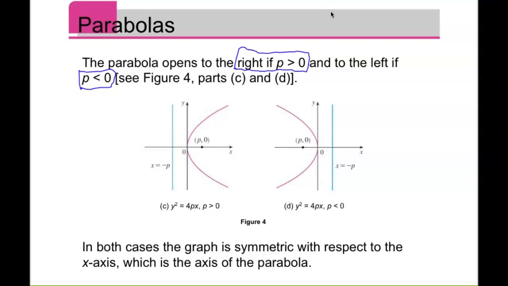If the coefficient is positive, it opens up. If the coefficient is negative, it opens down. This is the same thing, but with p. Yeah, so if p is positive, it opens up. If p is negative, it's going to open down.